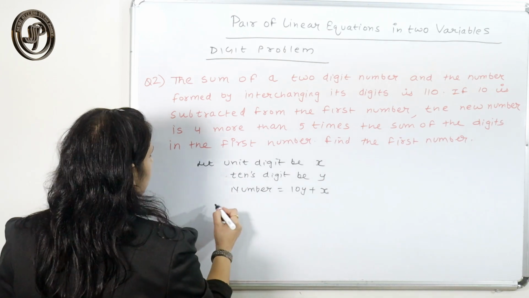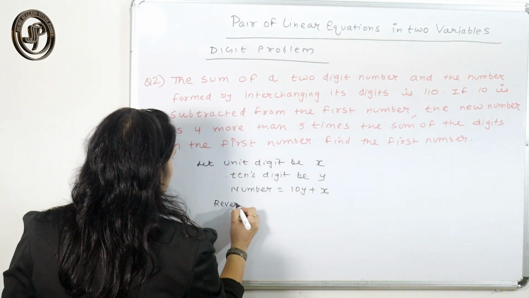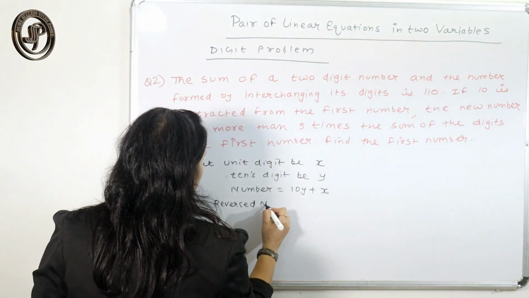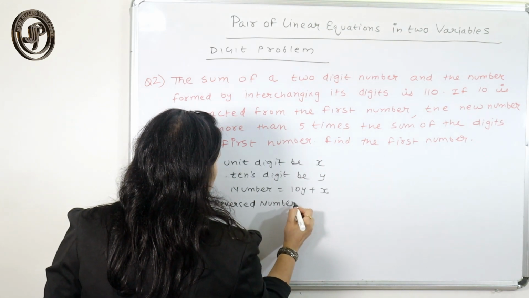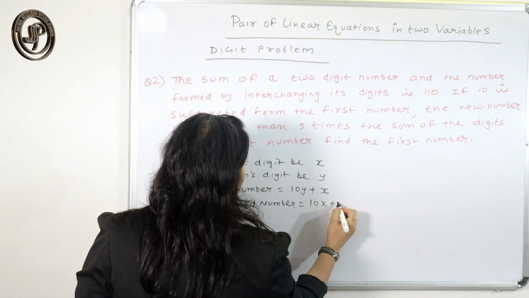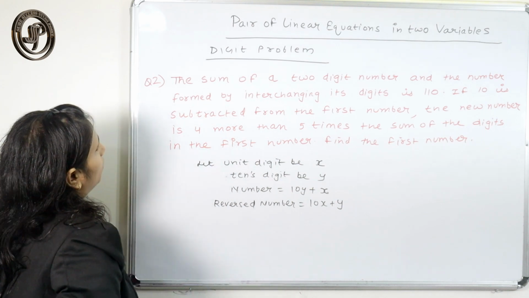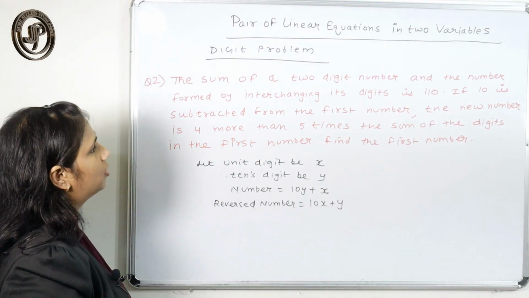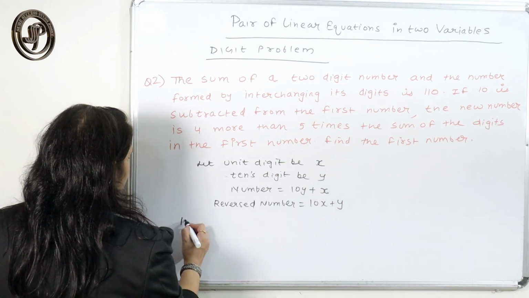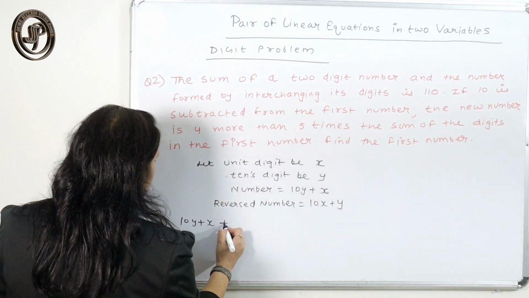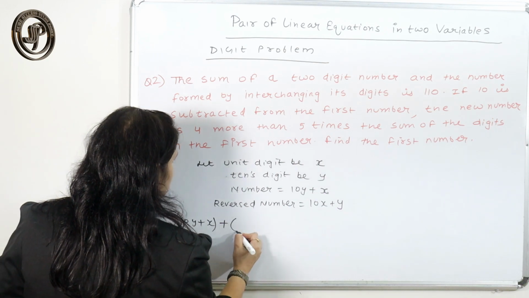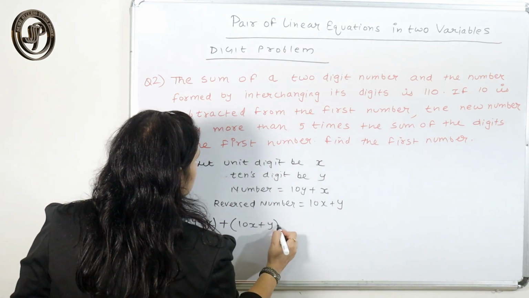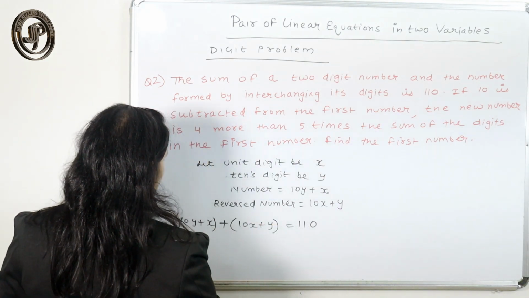Same as we did in the previous question, and reversed or interchanged number will be 10x plus y. Now what they said, the sum of the two digit number and the number formed by interchanging the digit is 110, means 10y plus x plus 10x plus y is equal to 110.